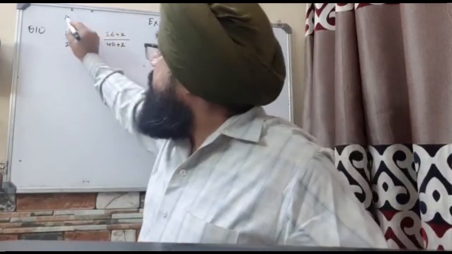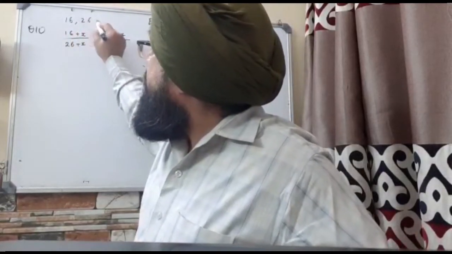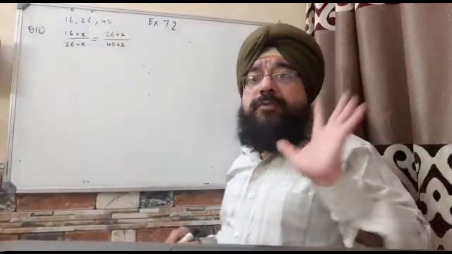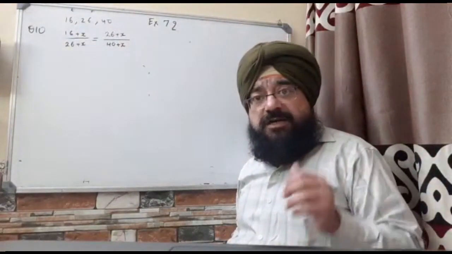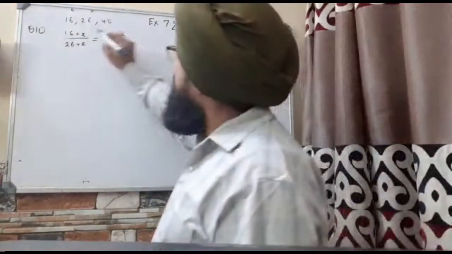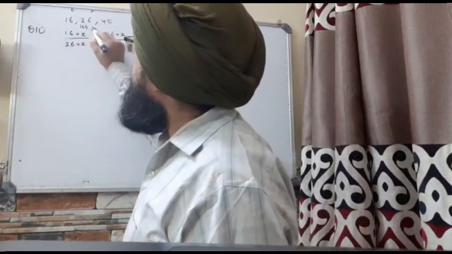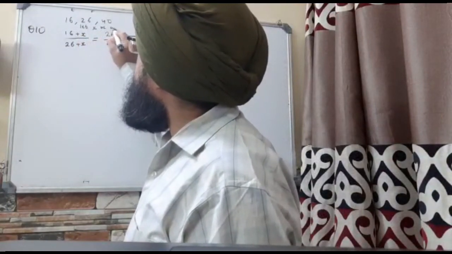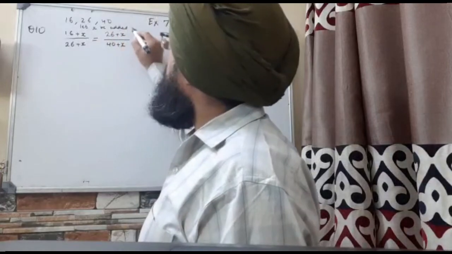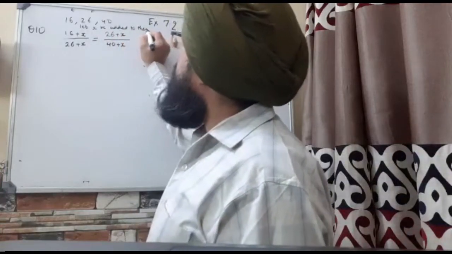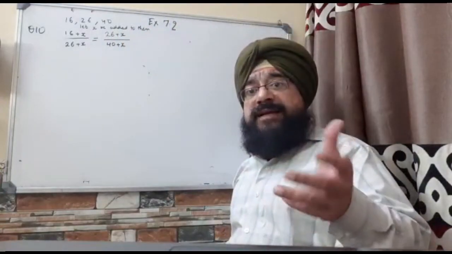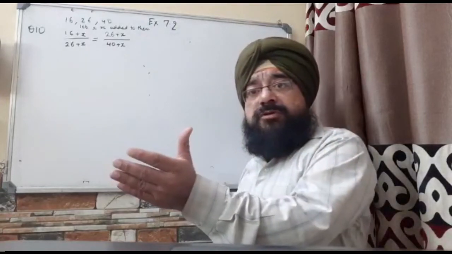See, the numbers they gave were 16, 26 and 40, but they were not in proportion. The question says what must be added? So let x be added to them. Adding x to them makes them in continued proportion.